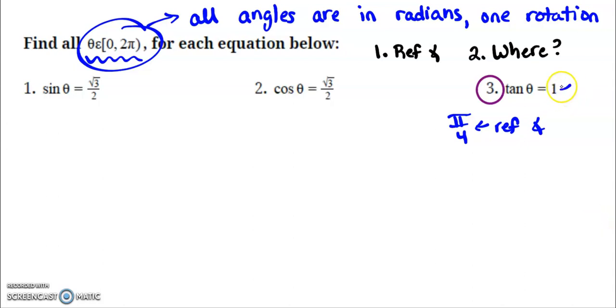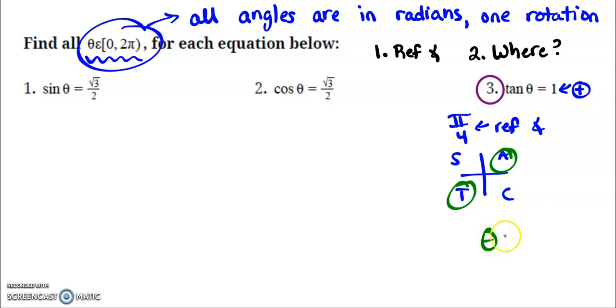And then I notice that this one is a positive value, which means we're looking at the first quadrant and the third quadrant, because that's where our tangent is positive. So then I want to answer that theta is pi over 4 and 5 pi over 4.